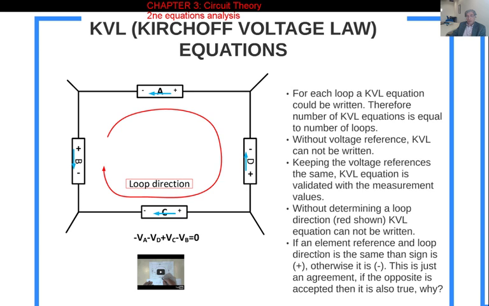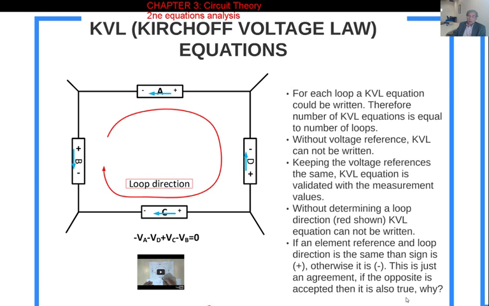It says, if an element reference and loop direction are the same, then the sign is plus, otherwise it is minus. This is just, as I said before, an agreement. If the opposite is accepted, then it is also true. Something for you to think about.